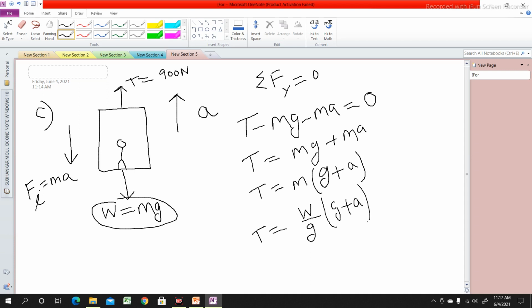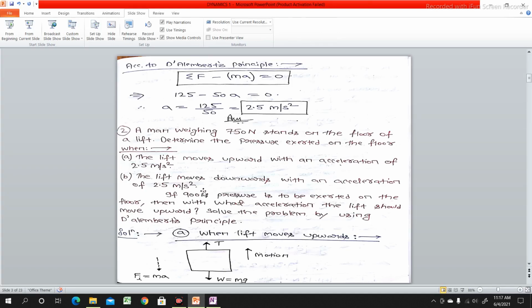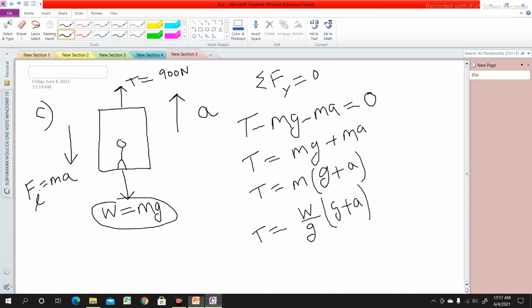In the last part of the problem, the tension value is given to you. It is given that 900 Newton pressure is to be exerted on the floor, that means this 900 Newton is the tension in the cable supporting the lift. So tension T is 900, equal to the weight of the man.